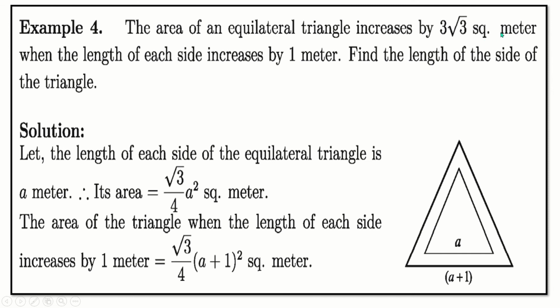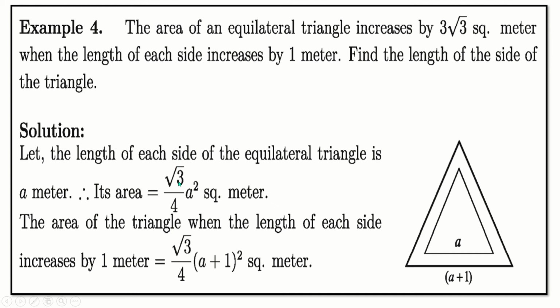As the unit given is meter, the area will be square meter. Clear? But when the side increases by 1 meter, then the length of each side will be a plus 1, and the area will be root 3 divided by 4 into a plus 1 whole square.